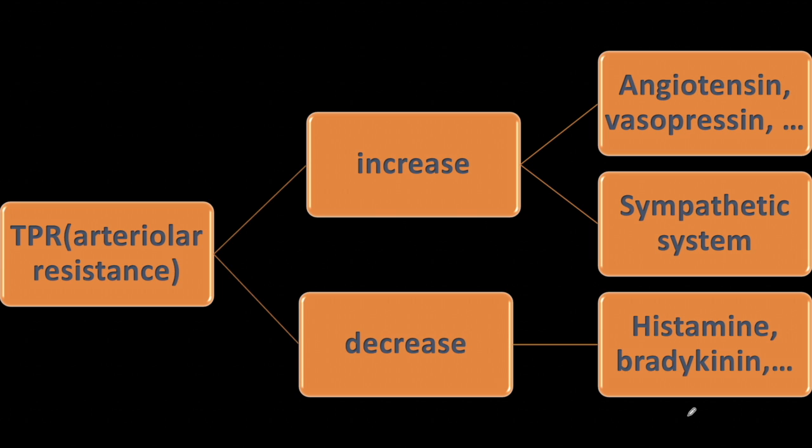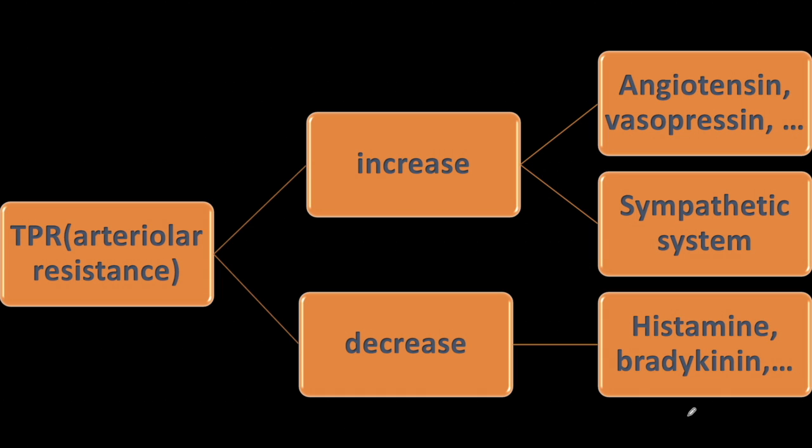Okay, now the last part of our tutorial is dedicated to TPR, total peripheral resistance, which is mainly determined by our arterial resistance. Either our TPR increases or decreases, our blood pressure will as well increase or decrease.